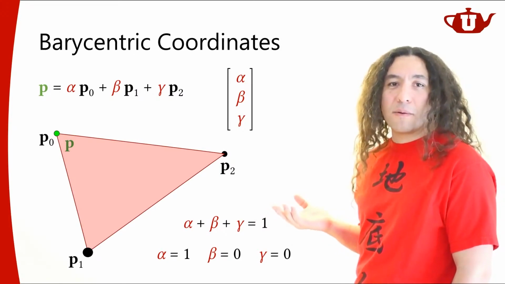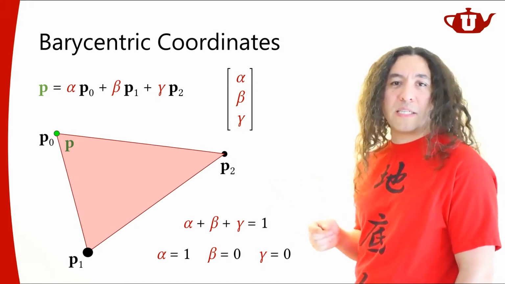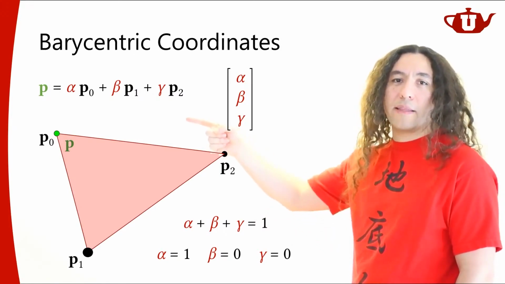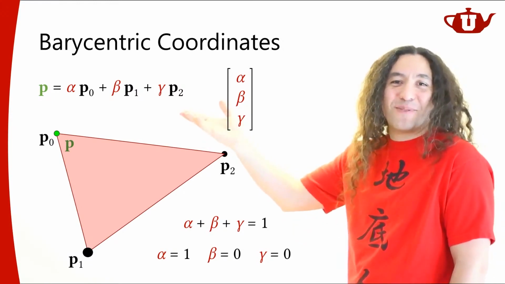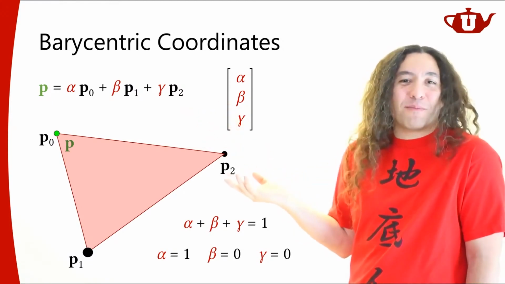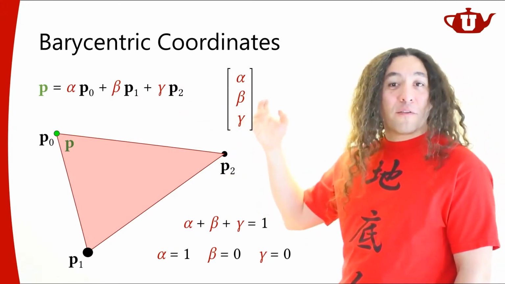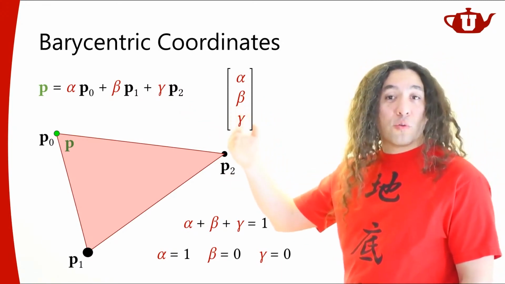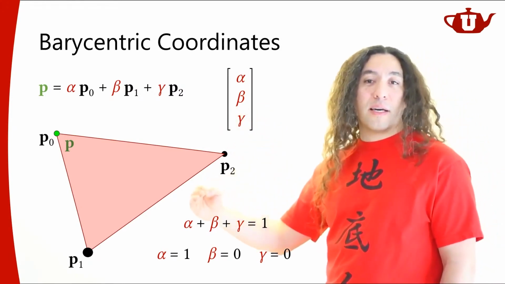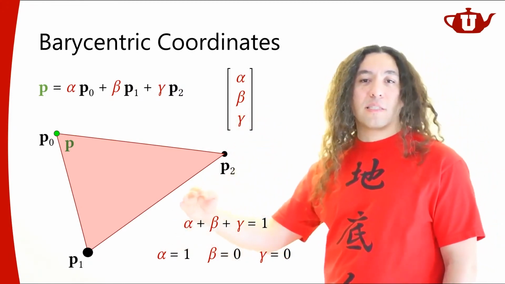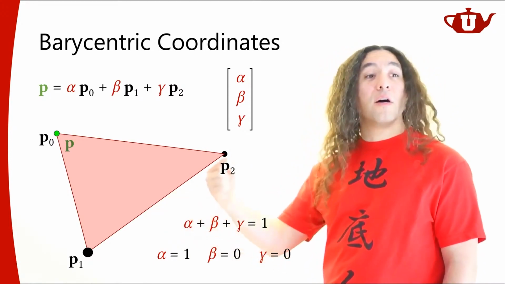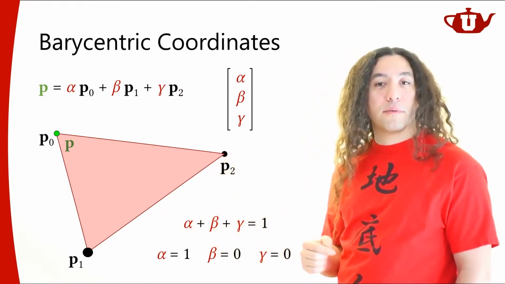And that makes sense. I just took P and put it on P0. So the others are 0, and P0 is 1. What else can it possibly be? As you move this point from one of the vertices towards the opposing edge, its weight is going to go from 1 all the way down to 0.